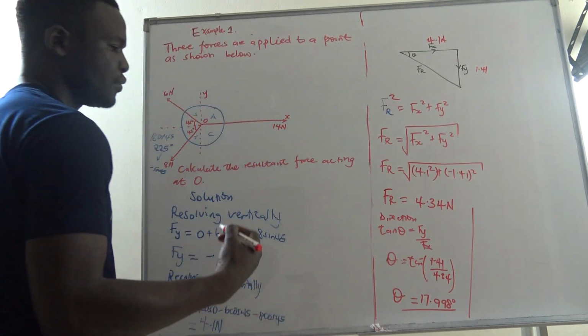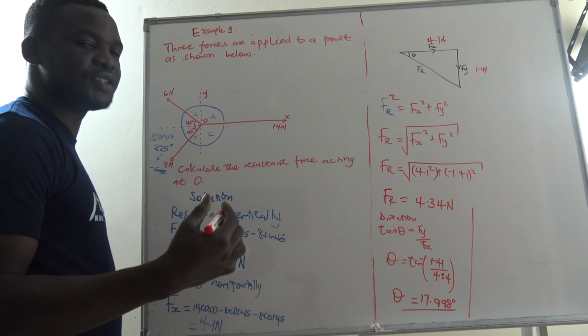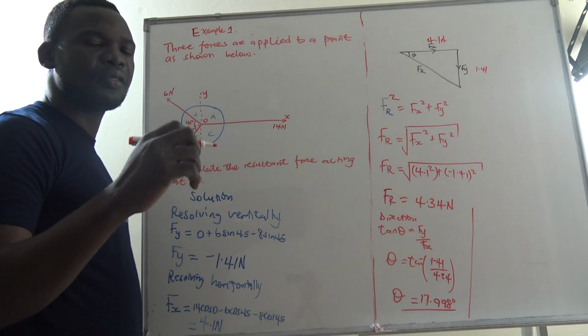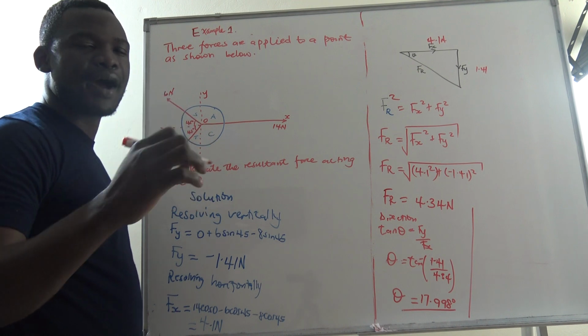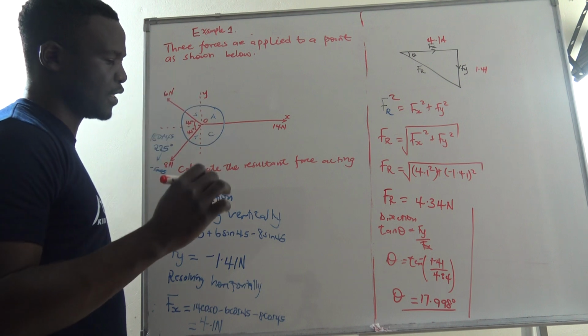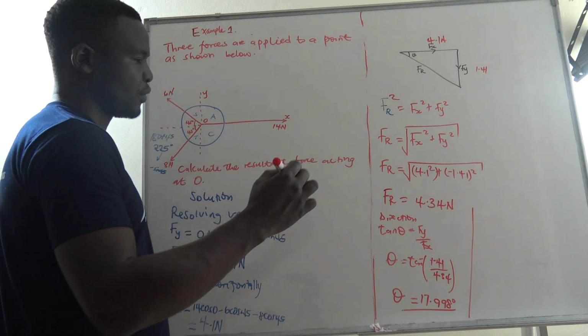Now, we have to conclude, because vector quantities are quantities that can be described by both magnitude and direction. So how do we describe here?